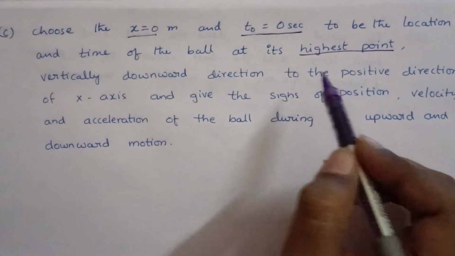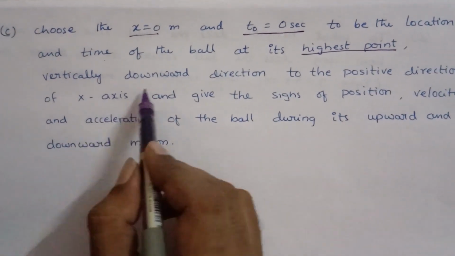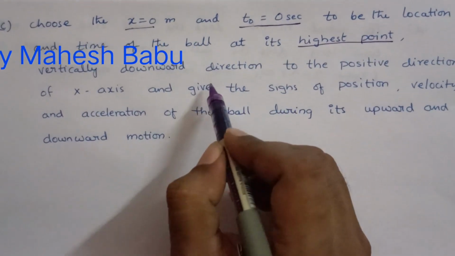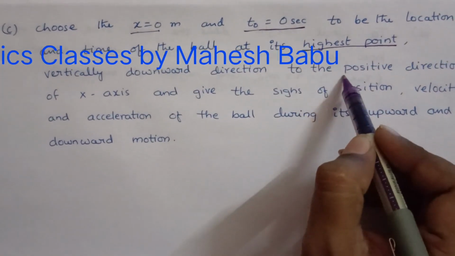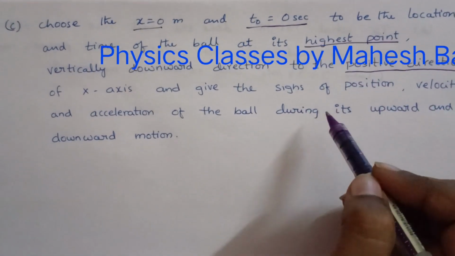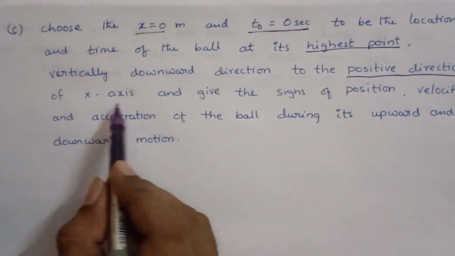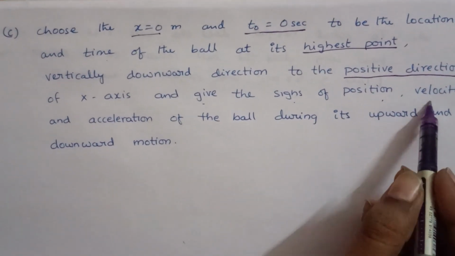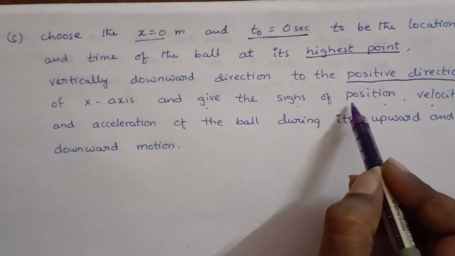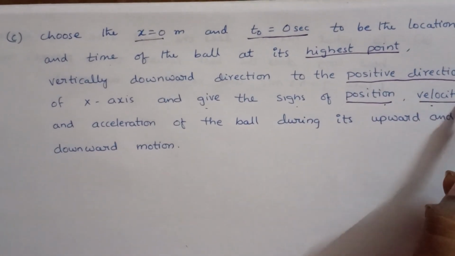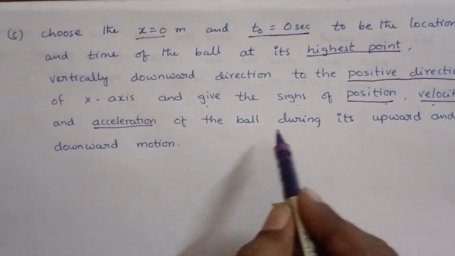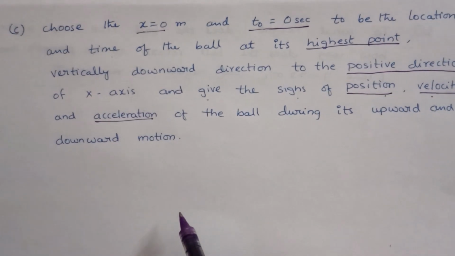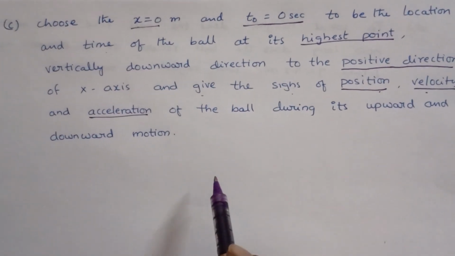He said to take the vertically downward direction to be the positive direction of the x-axis. Now give the signs of position, velocity and acceleration of the ball during upward and downward motion.